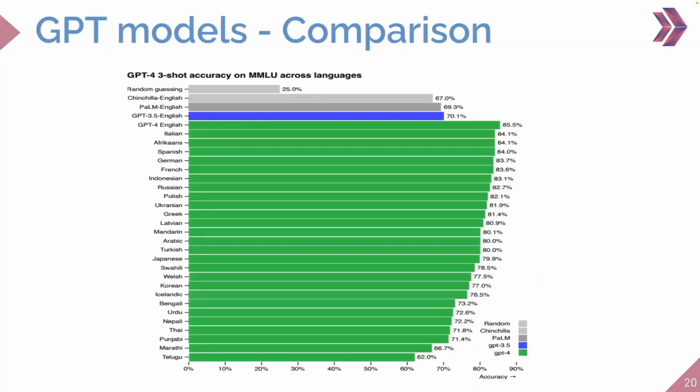Here we have another graph. On this graph, you can see the performance of GPT-4, GPT 3.5, and other models like PaLM and Random with different languages, multiple languages. Okay. As you see here, if you compare GPT-4 English with other models, we can see that 85.5%.